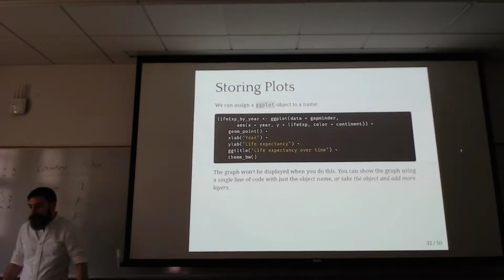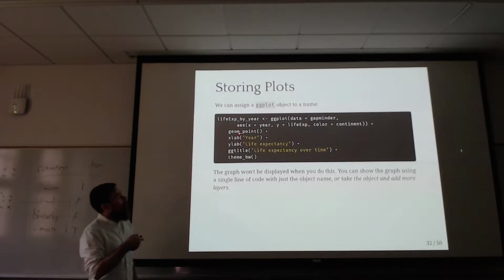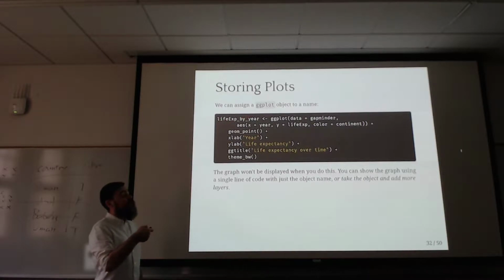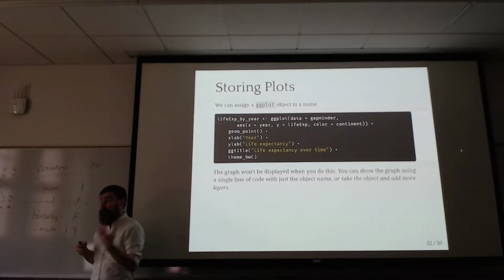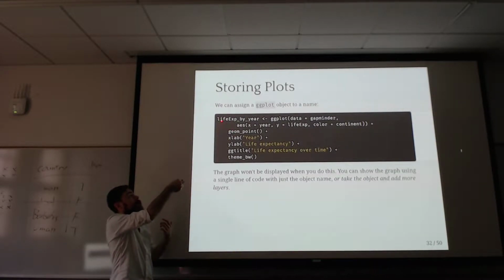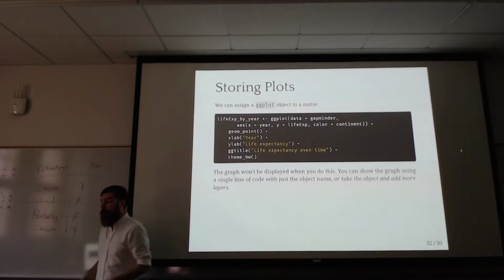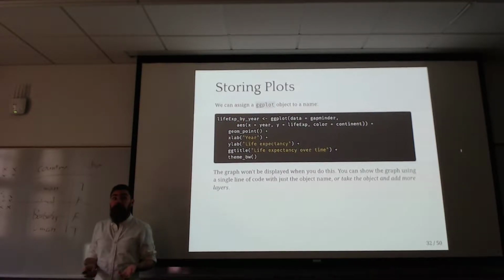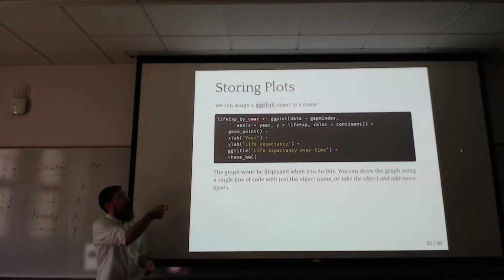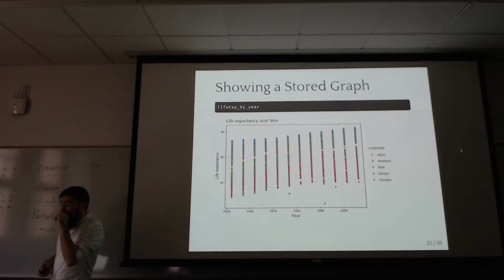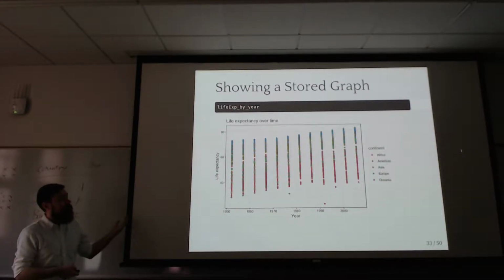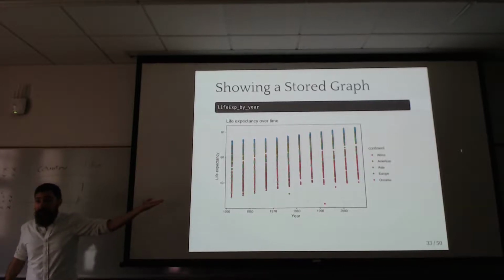Okay? The neat thing here is that now, if you do want to display this plot, you can just type in or run this individual object, and it will display the plot. But another cool thing you could do is use this object name and keep adding more layers to it after you save the object. For instance, I can run life expectancy by year just by calling on it, and it produces this plot.